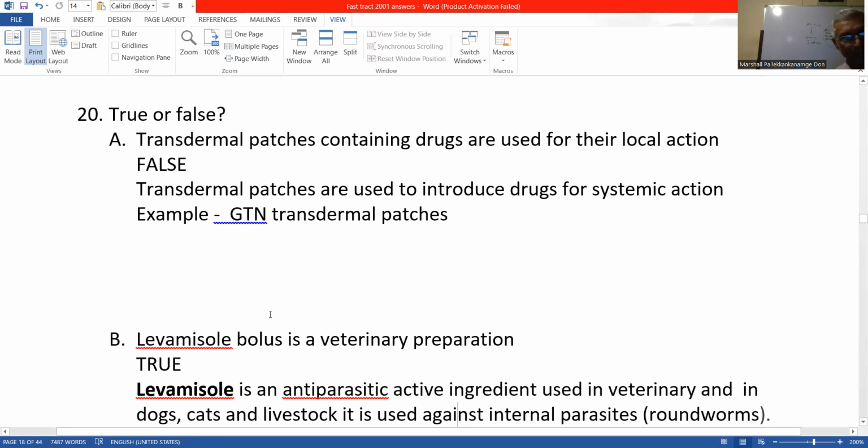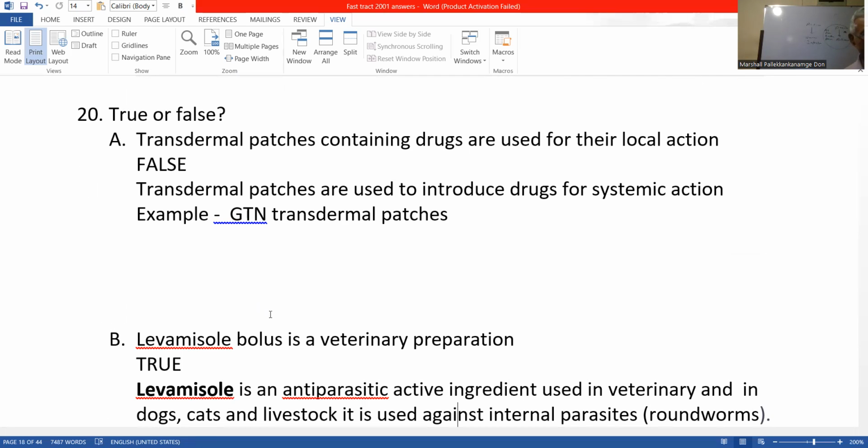Number 20, true or false, transdermal patches containing drugs are used for their local action. A very common transdermal patch is GTN, glyceryl trinitrate, that is for angina. So transdermal patches are given for systemic action also, maybe local action, but they are most commonly given when they need systemic action.